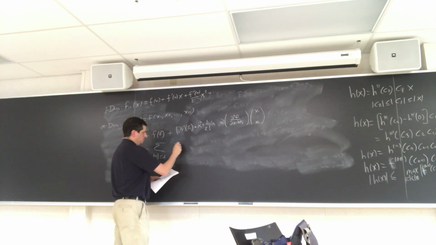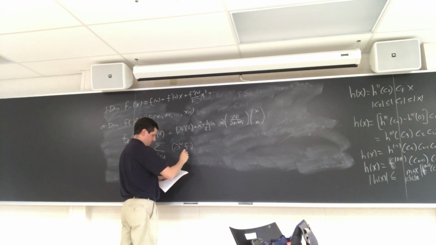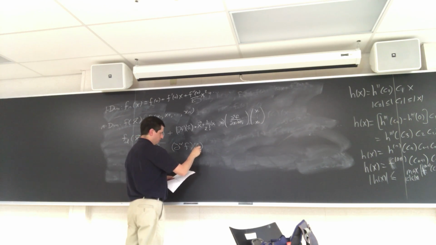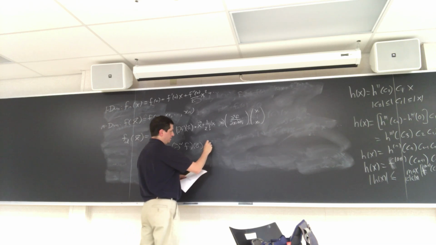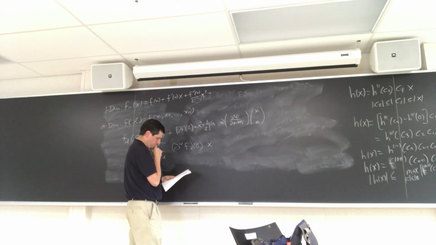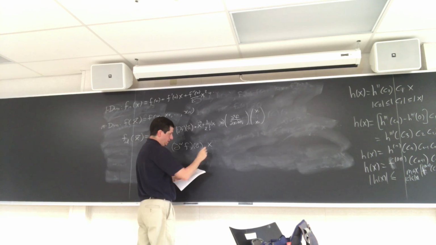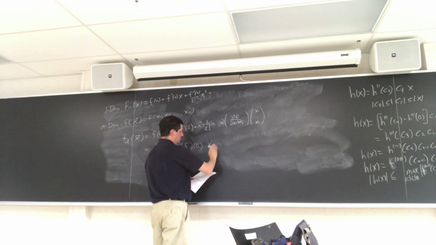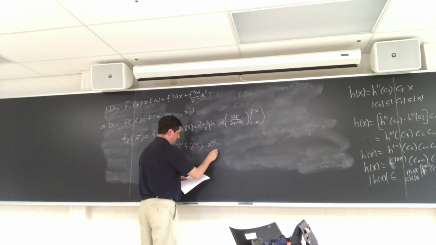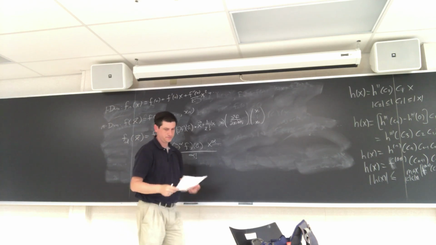So I'll take the notation from Wikipedia: D^alpha of f at the point 0, times x to the alpha over alpha factorial.